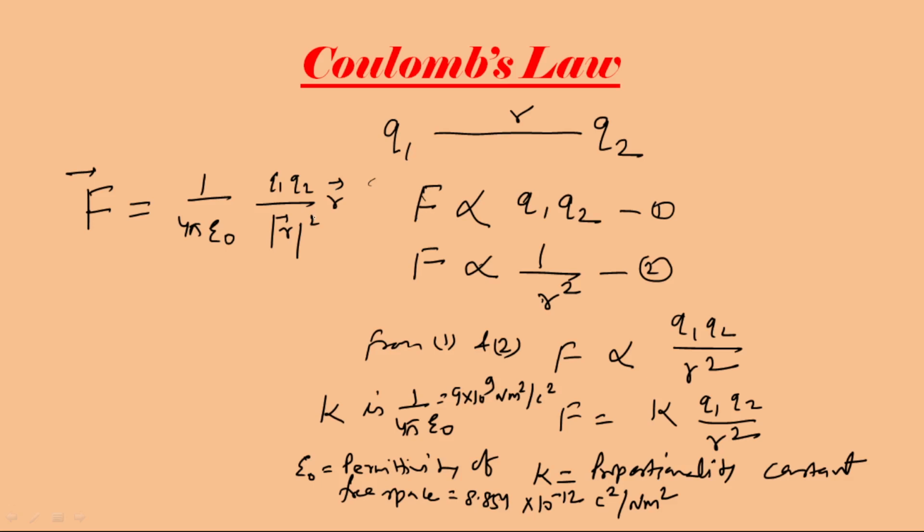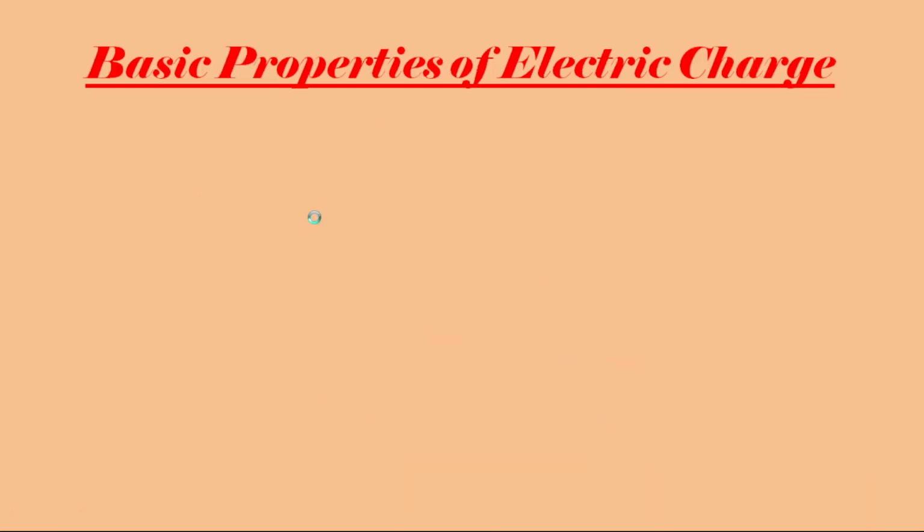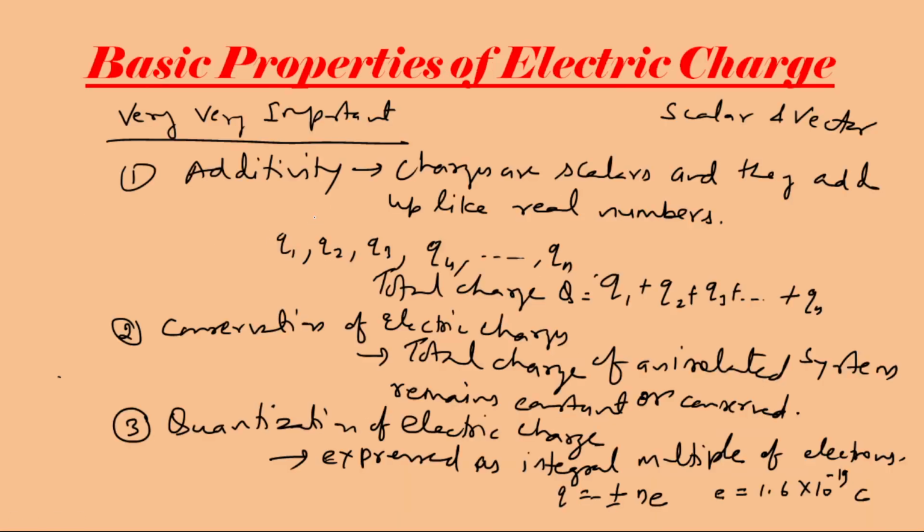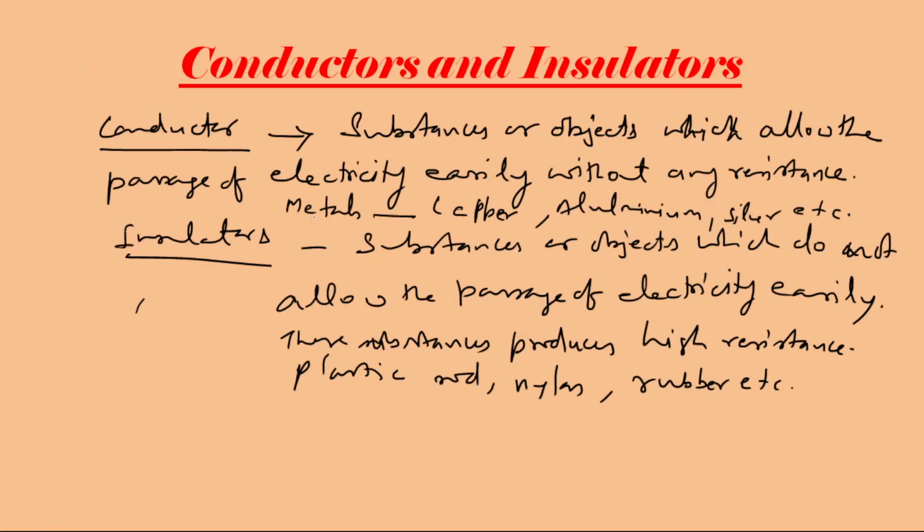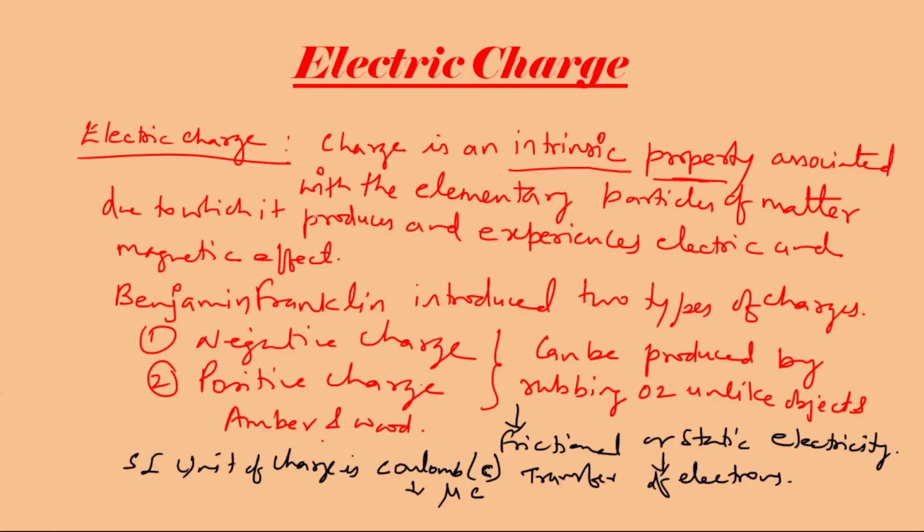So I feel that the basic concept of electric charge is very clear to all of you. Once again, we already discussed basic properties of electric charges. Before that, we discussed electric charge. Let me tell you once again that electric charge is an intrinsic property. Please do not forget to write intrinsic. Intrinsic property associated with the elementary particles of matter, due to which it produces and experiences electric and magnetic effect.